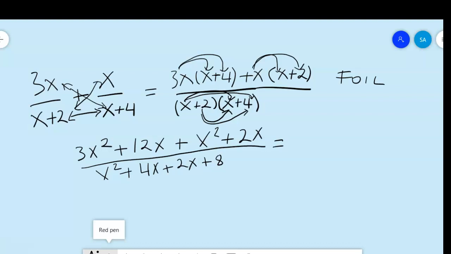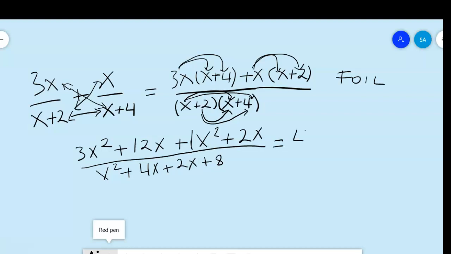Here we look at the numerator and see the like terms. We see the 3x squared and x squared. If you want, you can put a 1 here, but we don't write it. So that gives you 4, and then the 12 and the 2 give you 14.